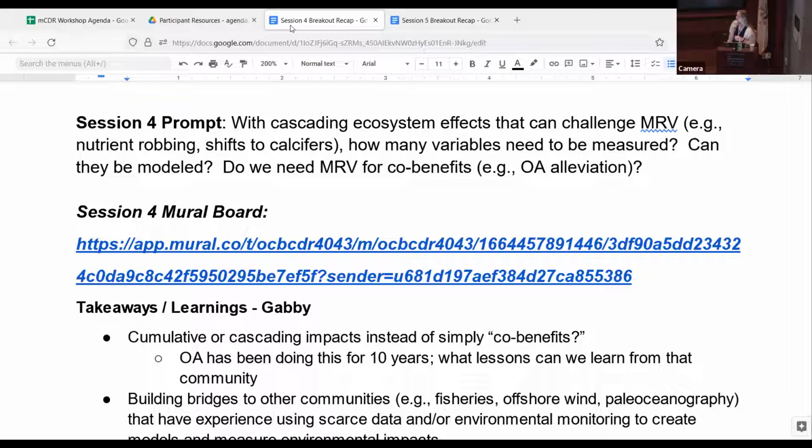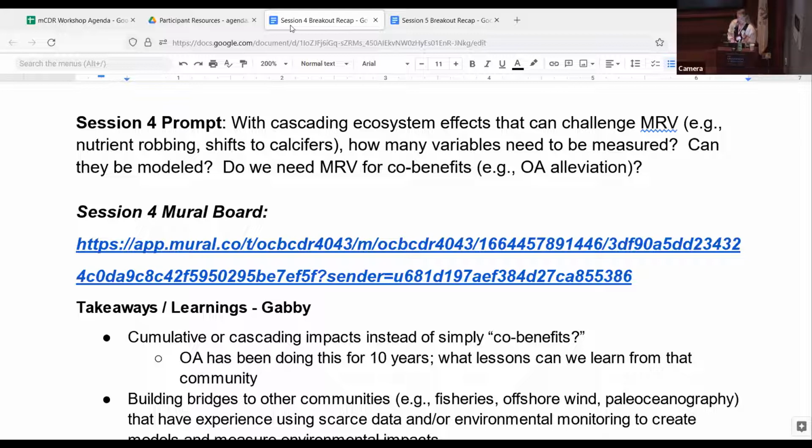And then also a note that the ocean acidification community has been doing this for about 10 years and monitoring what different biological effects are to changes in chemistry. So maybe we should think more intentionally about what lessons could be learned from that community, engaging specifically with the Global Ocean Acidification Observing Network.